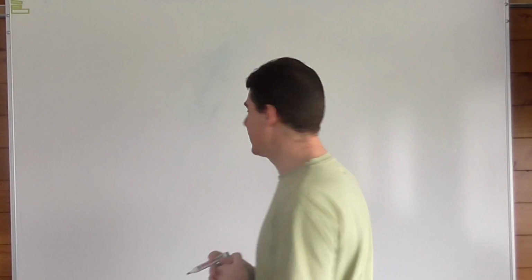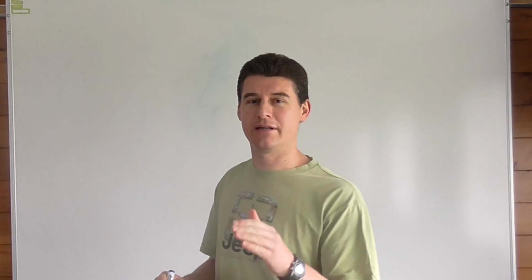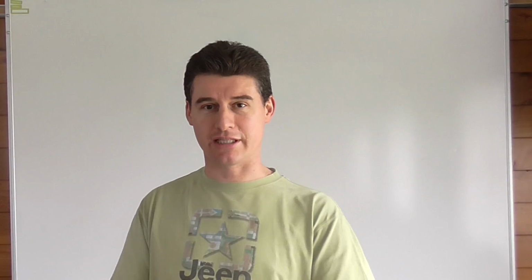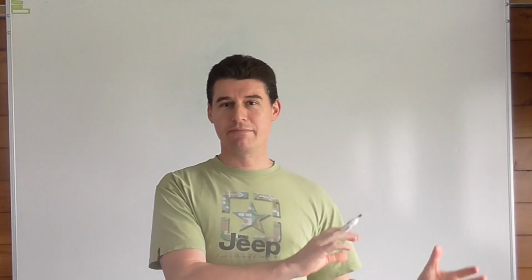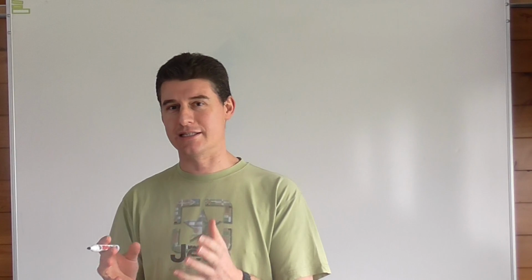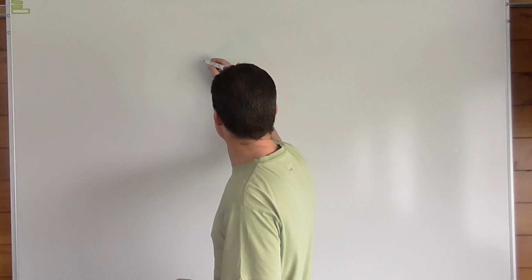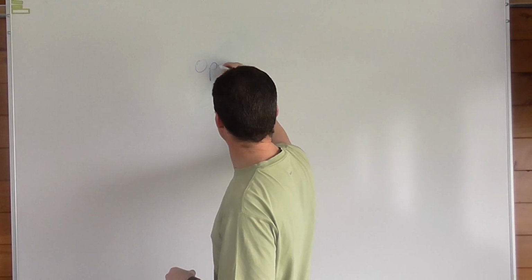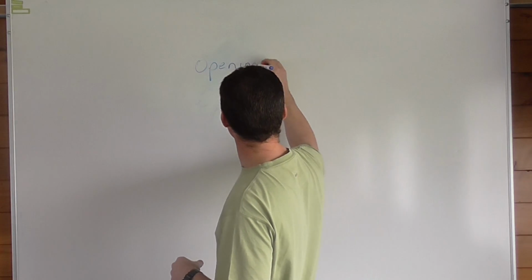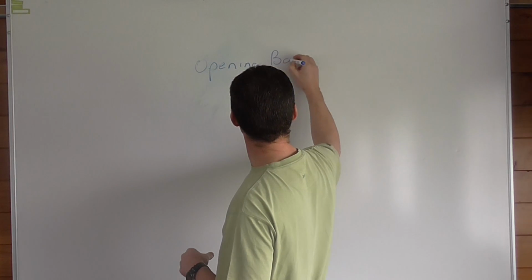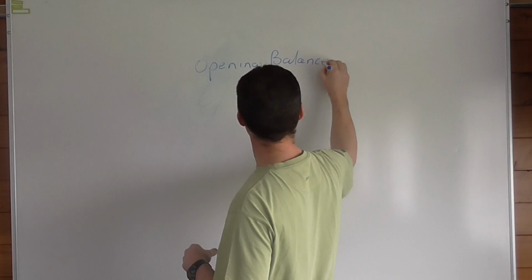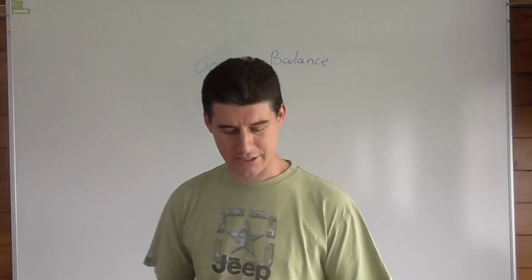Now, just to give you the formula of how to calculate your cost of sales using the periodic inventory system, I will do this here. First of all, remember the previous month you will have done a stock take, and that closing balance will be your opening balance for the next month. So you've got your opening balance.